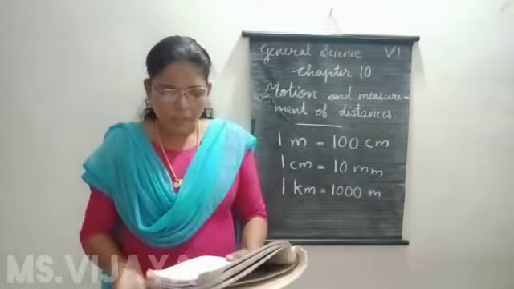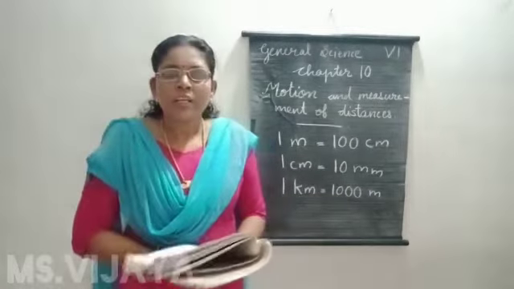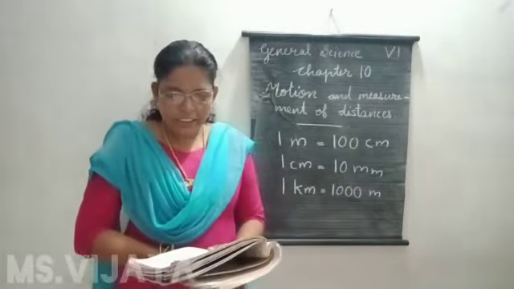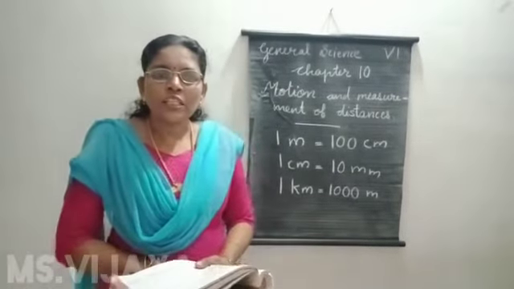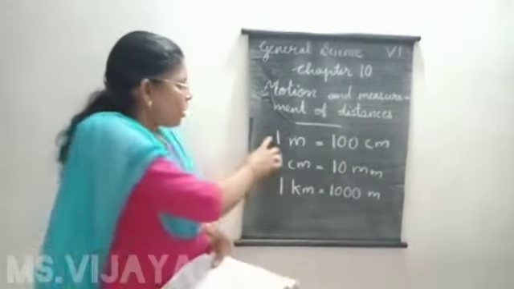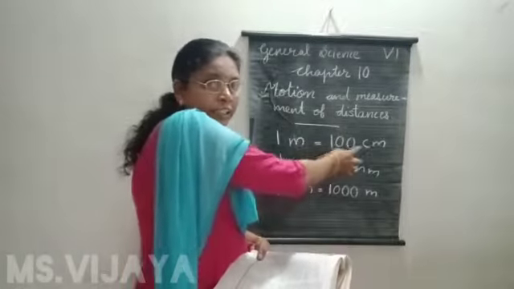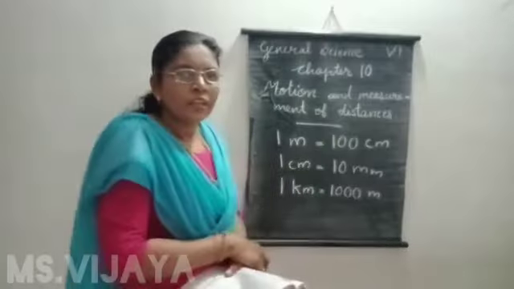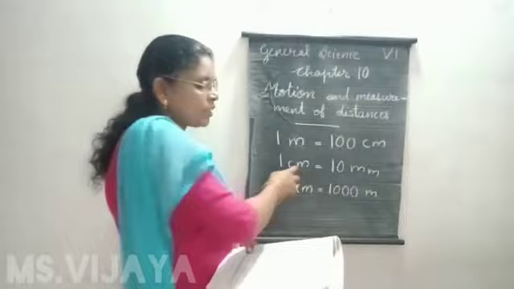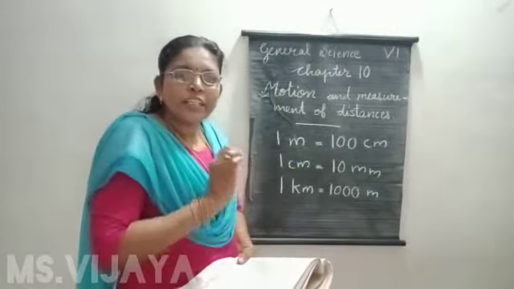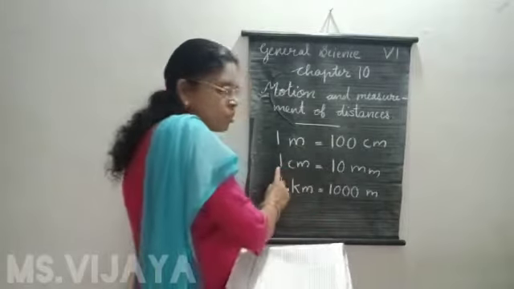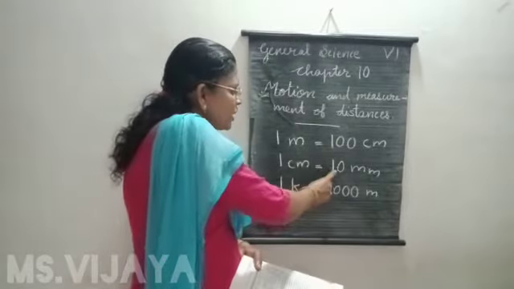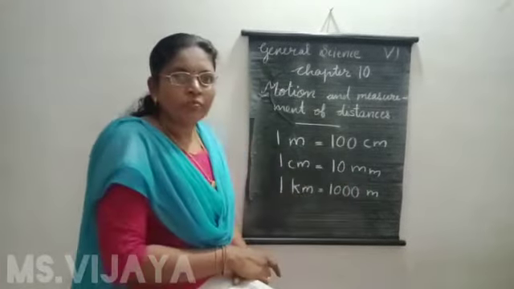Here, 1 meter is divided into 100 equal divisions and it is called centimeters. 1 meter equals 100 centimeter. Then 1 centimeter is divided into 10 equal parts. This is called millimeter. So 1 centimeter is 10 millimeter.